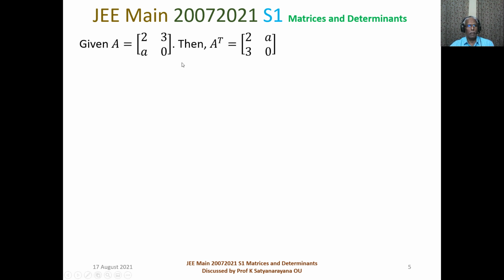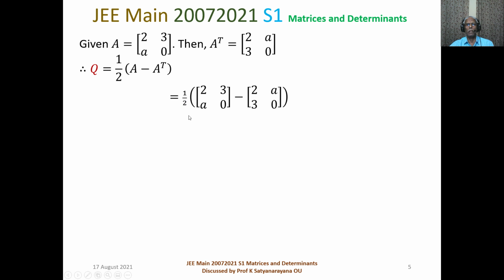So we have A and A transpose. Q is equal to 1/2 times A minus A transpose. That will be equal to 1/2 times 2 minus 2, 0; 3 minus a; a minus 3; 0 minus 0, 0.